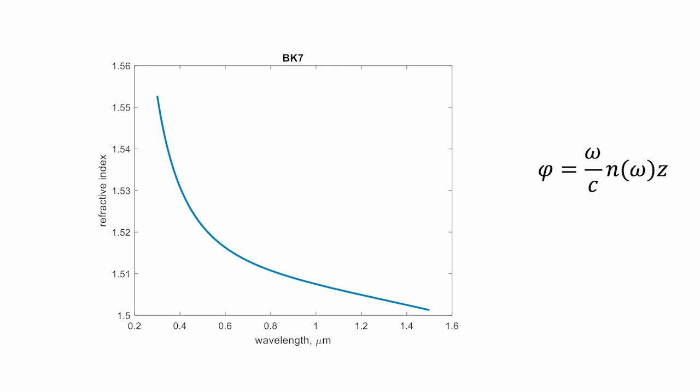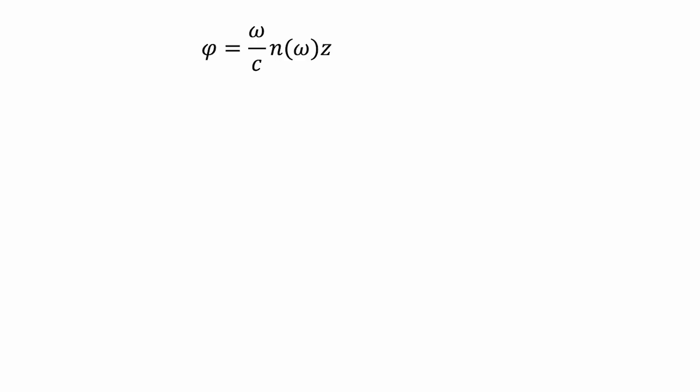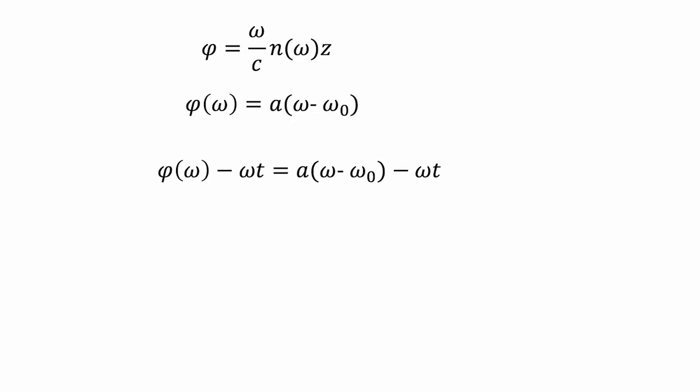You can see in the next slide that this phase is proportional to the refractive index and the distance, and that phase can be developed to first order in the frequency shift with respect to omega naught, the central frequency.